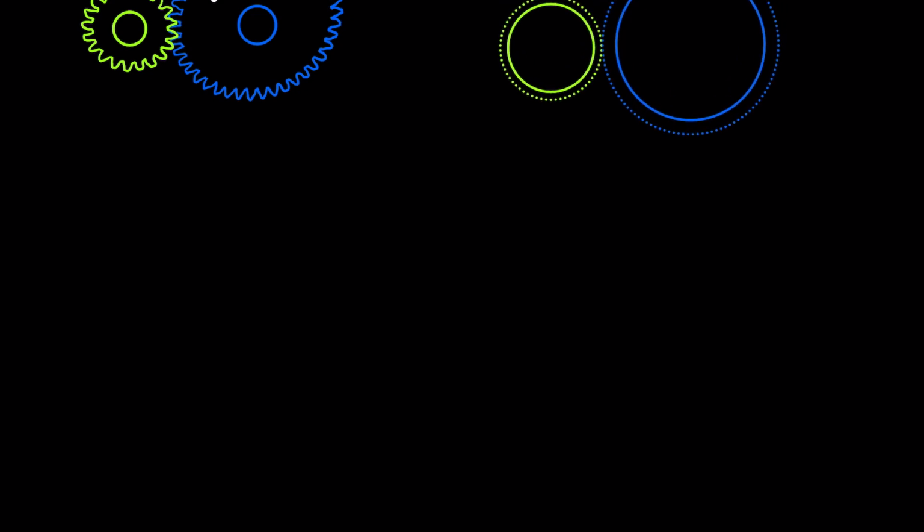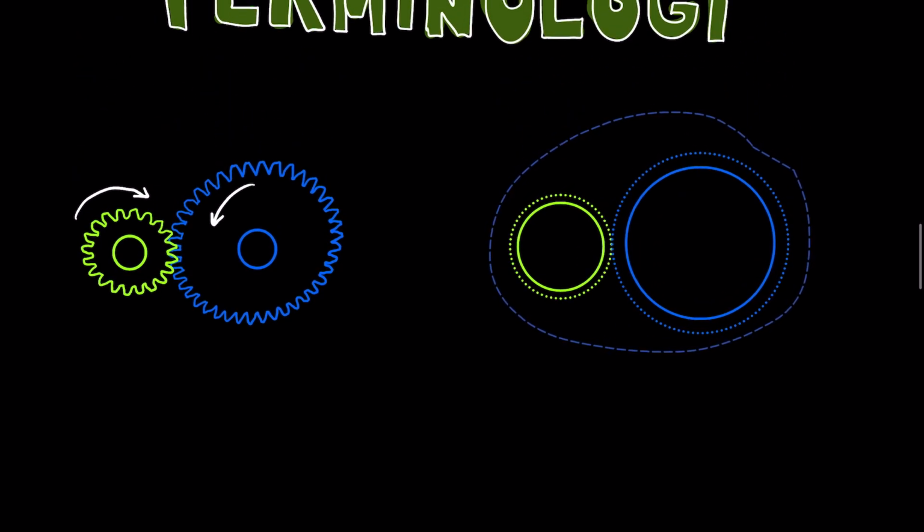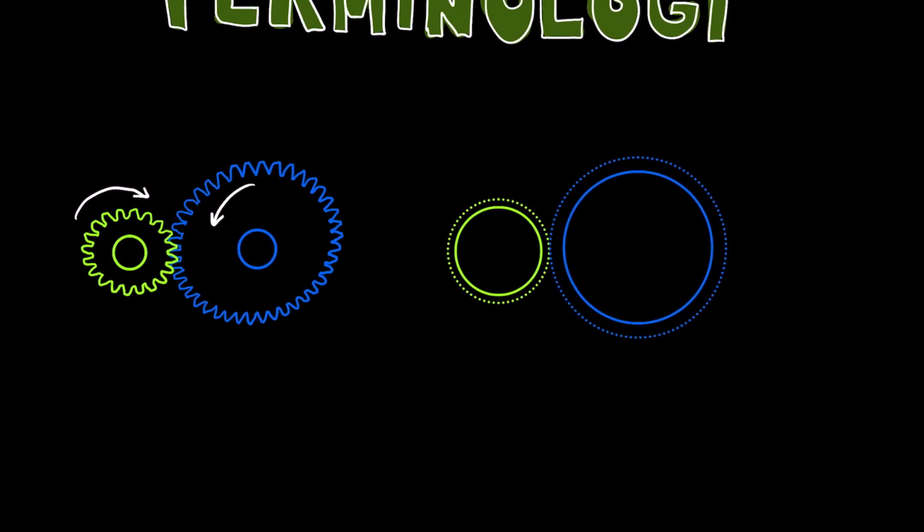If we take a look at a diagram like this, which is a simplified version of the gears pictured here, then we can define the base radius or the dedendum radius, the addendum radius, and the pitch circle radius. So let me label those.